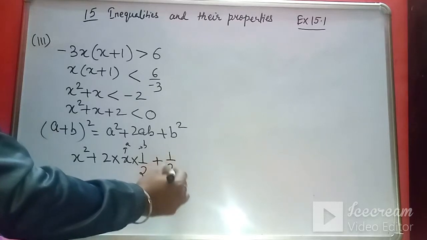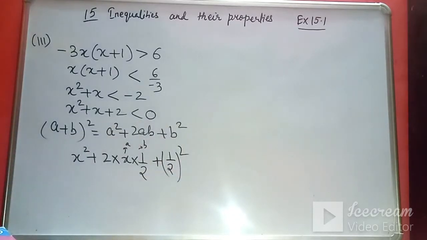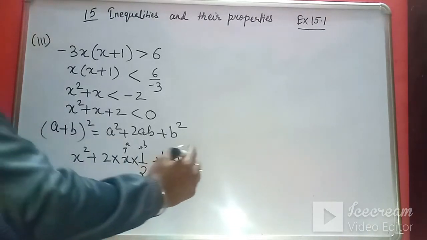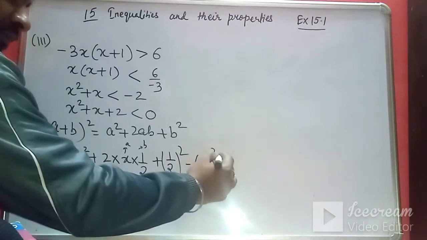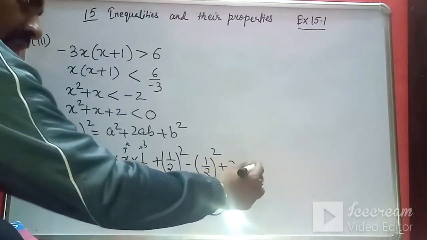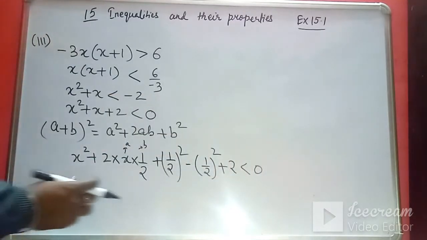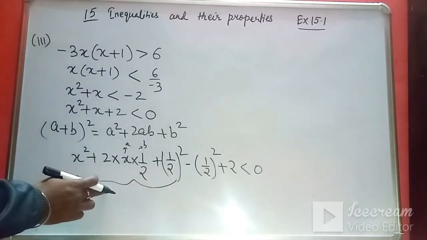That means half square. So I have added this extra quantity here, half square, so I have to subtract it also. Minus half square plus 2 less than 0. Now see this, only this much. So what it becomes?